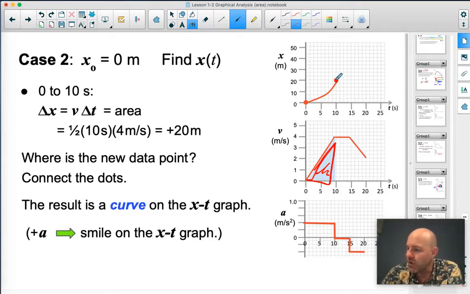But we know from experience that if the velocity is changing, getting faster and faster, then this line should be getting steeper and steeper. So it's a curve on the position time graph. And it should open up, getting steeper, because we have an acceleration that is positive.